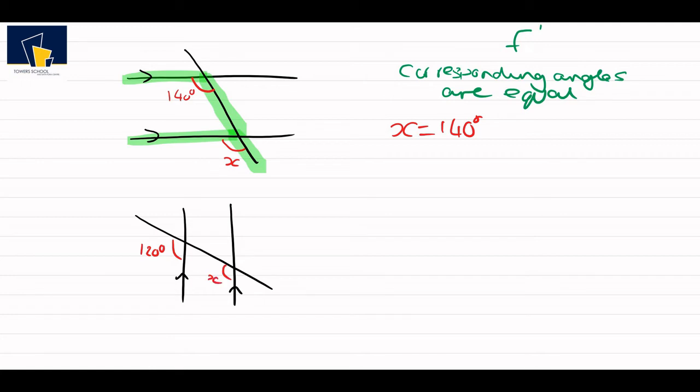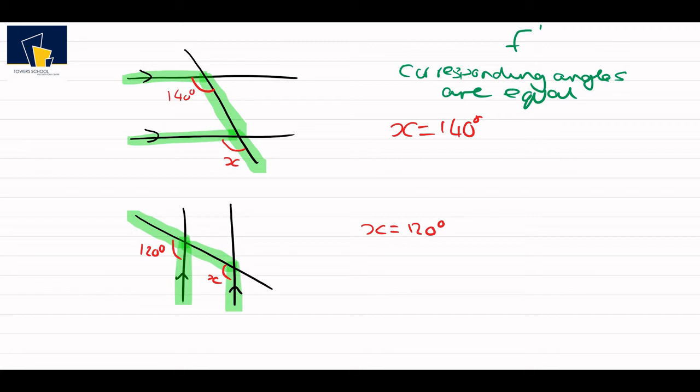First I'm going to highlight the lines that create these angles. 120 is created by this line here and this one here, and the x is created by this line here and this line there. Again, if you turn it, you can see that it is an F shape. So x is equal to 120 degrees because corresponding angles are equal.